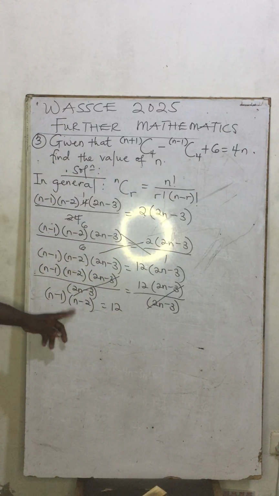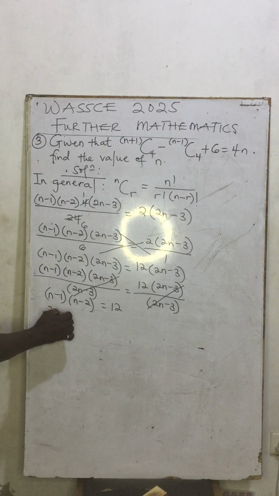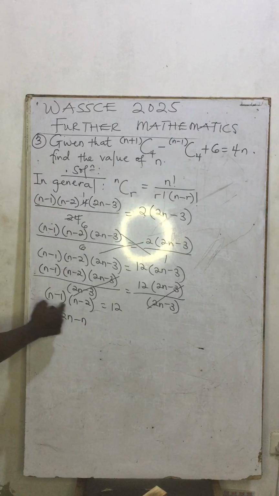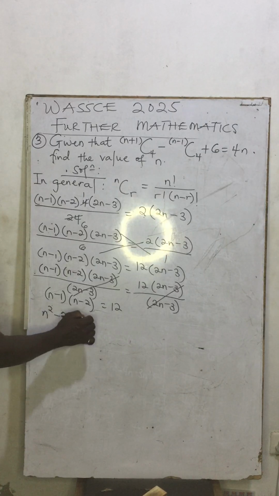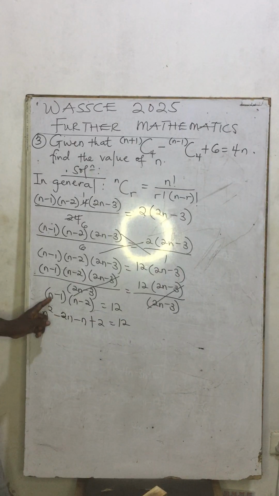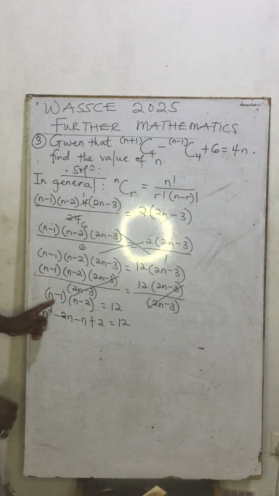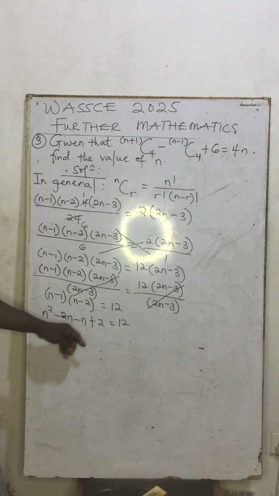So now n times n is n squared, n times this minus 2n, then here minus n, then this one is plus 2 equals 12. So n squared minus 2n, then minus n, then plus 2.